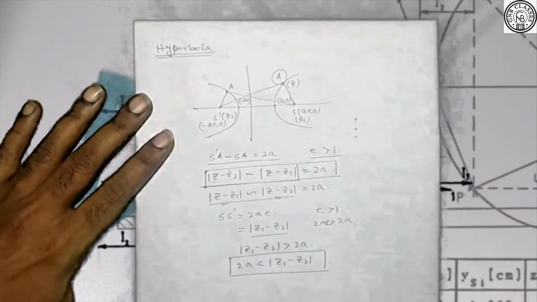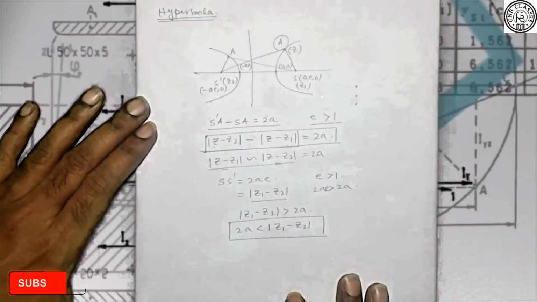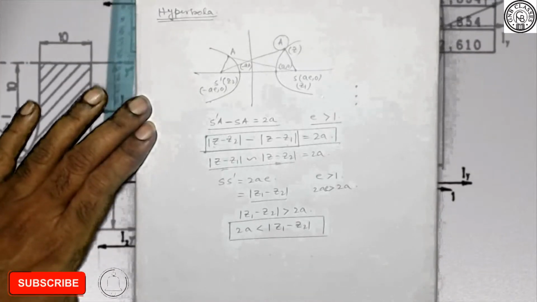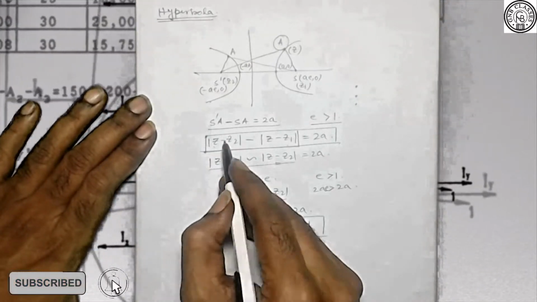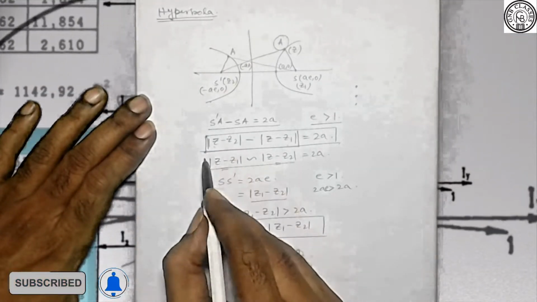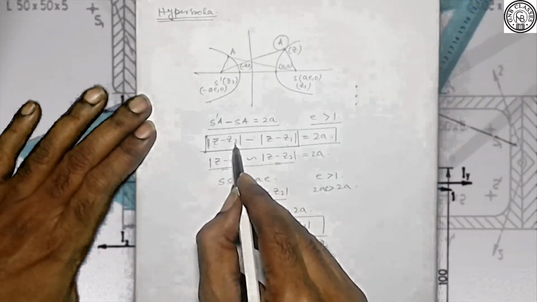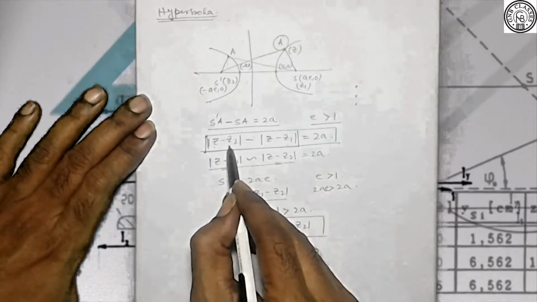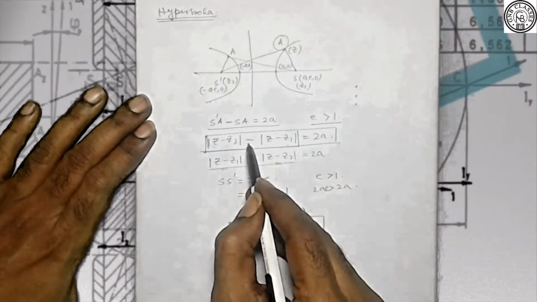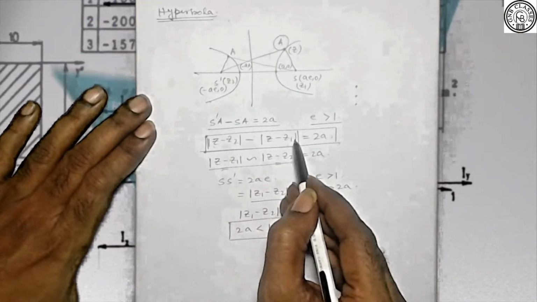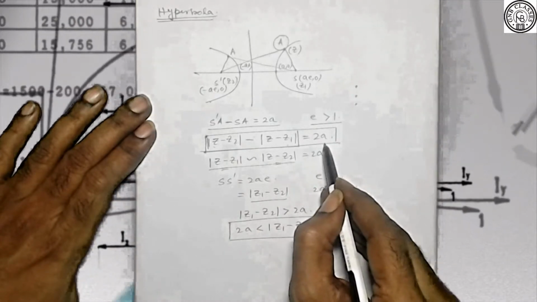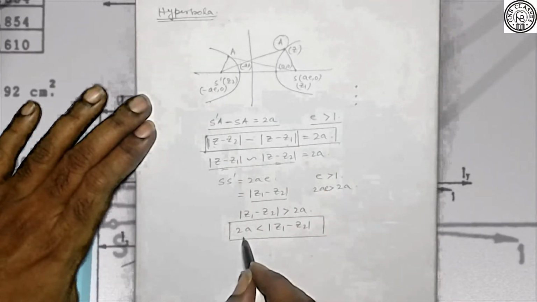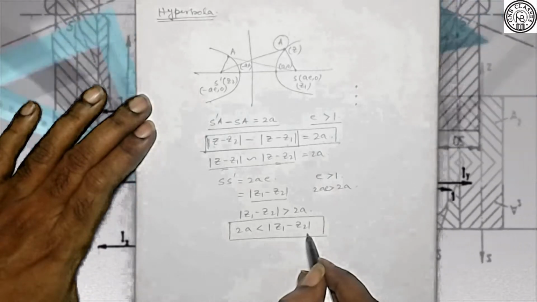And for the hyperbola, we have learned that the equation on the complex plane is the whole mod of (mod of z minus z2 or z1 minus mod of z minus z2) equals twice a, where 2a is less than mod of z1 minus z2.